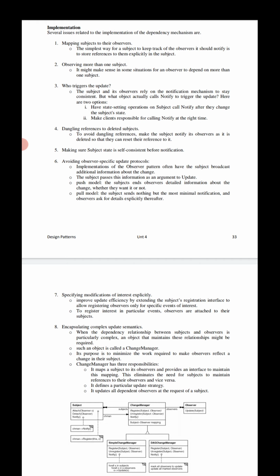This self-consistency rule is easy to violate when subject subclass operations call inherited operations. For example, in a code sequence the notification is triggered while the subject is in an inconsistent state.